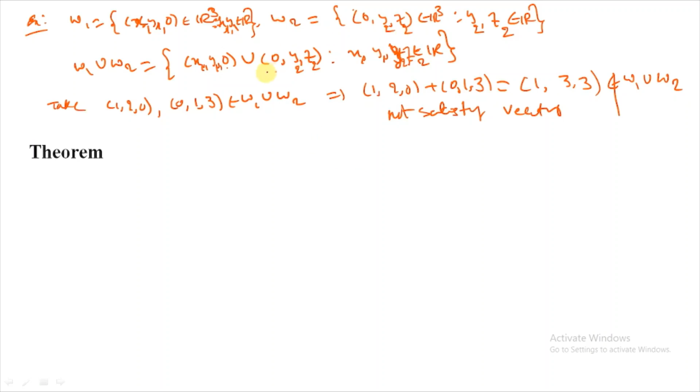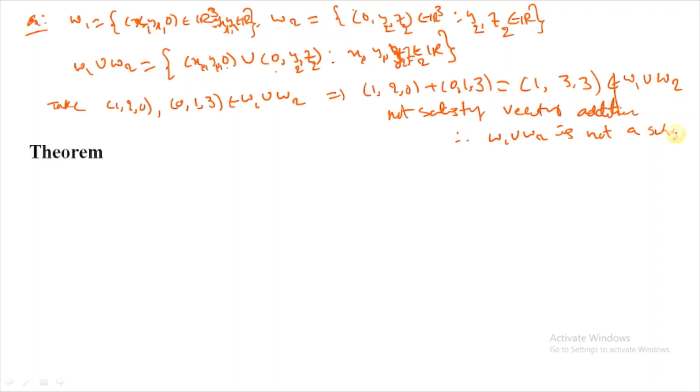Whatever, you can take the same elements also, no problem. It does not satisfy vector addition. Therefore, W1 union W2 is not a subspace.